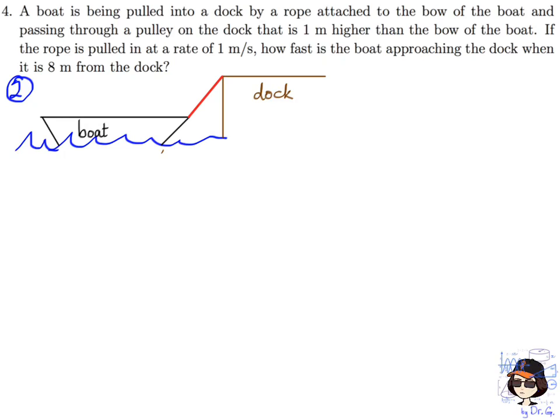The thing that we're asked to find is how fast the boat is approaching the dock when the boat is a certain distance from the dock. So speed is distance divided by time, right? So I need the distance between the boat and the dock to be one of my variables because I'm going to differentiate that distance to get the speed.